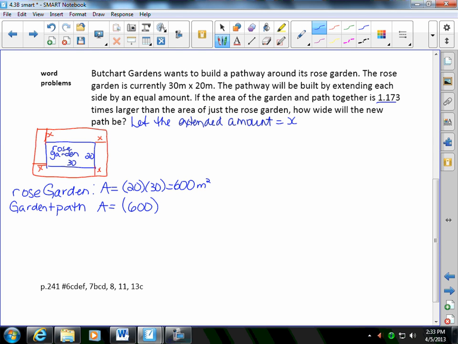So if our rose garden was 600, the area with the new path is going to be 1.173 times larger, which means that this is going to be 703.8 meters squared. So this whole area from the garden and the path is 703.8 meters squared.